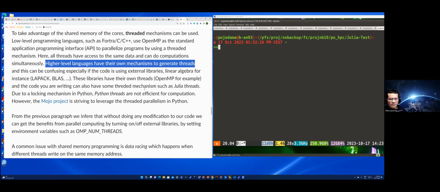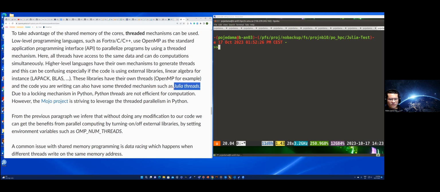As an example, Julia has the so-called Julia threads, but if you are using some library like LAPACK or BLAS in Julia, then these libraries can also have some threaded mechanism that you can activate. So don't get confused about this. The higher level languages have their own threads and also the external libraries.